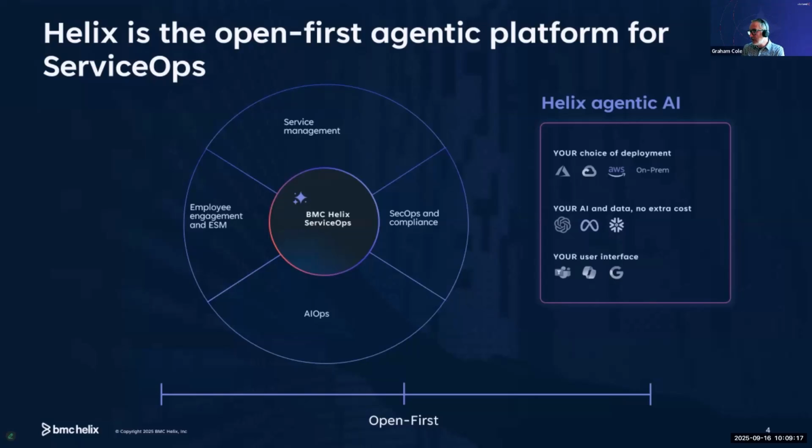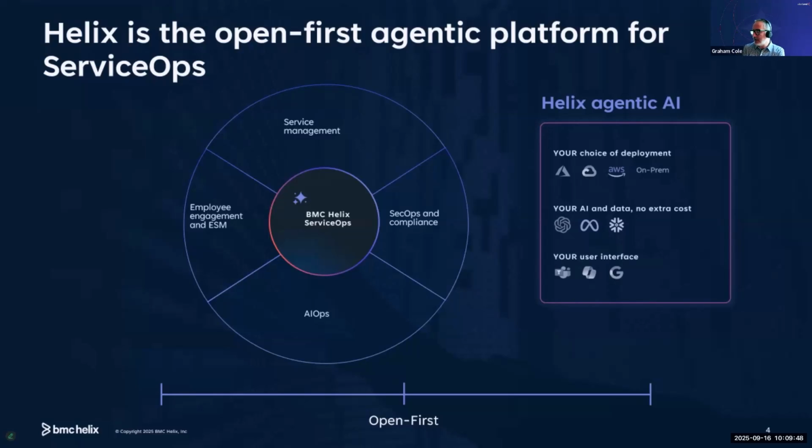And with BMC Helix, we make it easy to bring your own AI and bring your own data. It's going to allow your organizations to work within your own environments and your own user interface, using different integrations such as enterprise collaboration tools like Microsoft Teams. So it's designed to fit seamlessly into your organization, which makes life a lot easier for you and your staff.